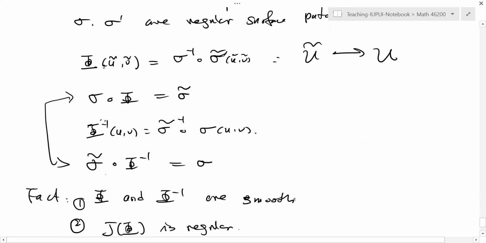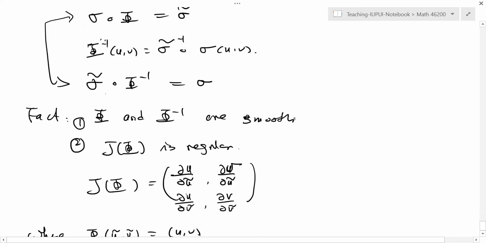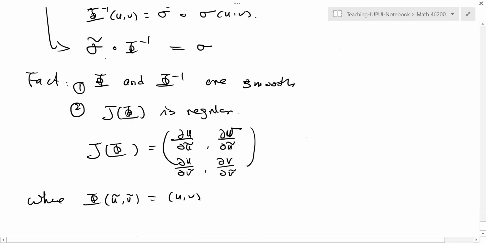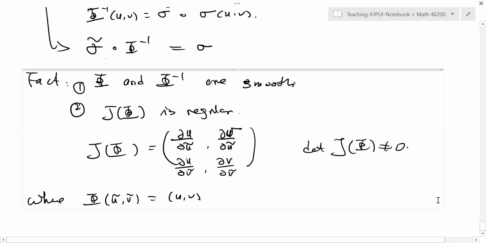Then it must be differentiable, and the Jacobian is regular. That means the determinant is not zero. So that's the relationship between two regular surface patches. We can probably discuss this later in another class. Okay, let's stop here.